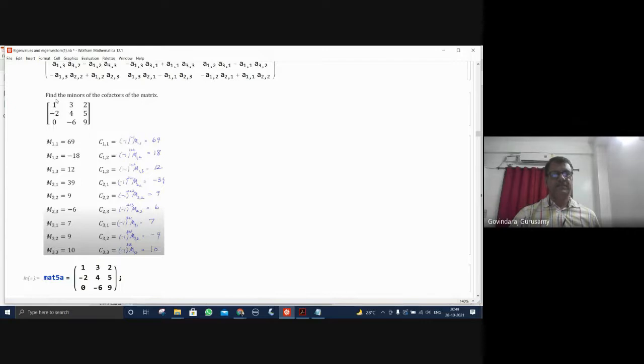Minors are, for example, A11, you leave this row and this column. The remaining you multiply and follow the norms, write down the numbers. Similarly, when you go to the second element, 1, 2, leave this and this. Third, this and this. You can see the numbers here.